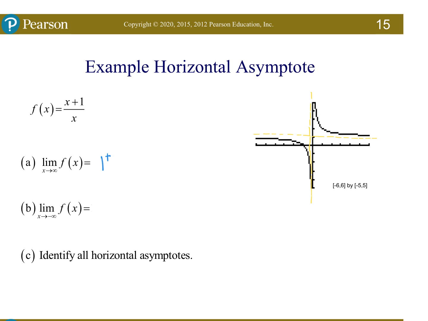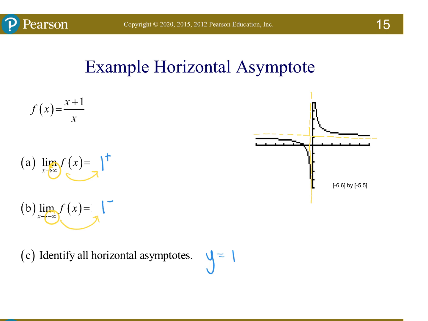I will always be above 1, but I'll be very close to it. The negative side of the graph is the one that's heading out to the left. I will also be approaching the horizontal asymptote of 1, but I'll be approaching it from underneath. I will be a little bit less than 1 all the time. I will never actually get to 1. So because infinity right here produced a constant and a negative infinity here also produced a constant, that is the textbook definition of a horizontal asymptote. So the horizontal asymptote is the constant of 1.